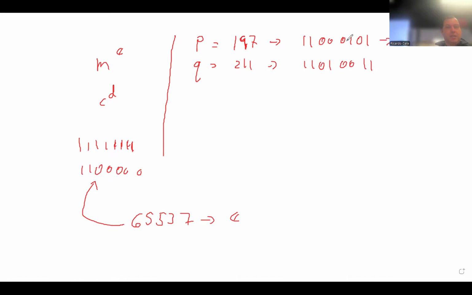Essentially, you're saying that this is 2 to the 0 plus 2 to the 2 plus 2 to the 6 plus 2 to the 7. If we do these, that should be 128 plus 64 plus 4 plus 1, and if you add this, that should be 197.